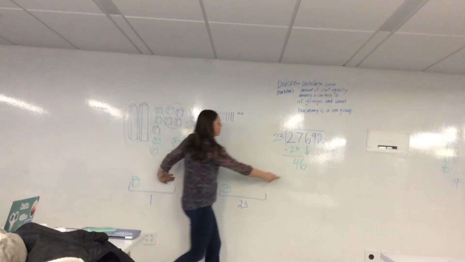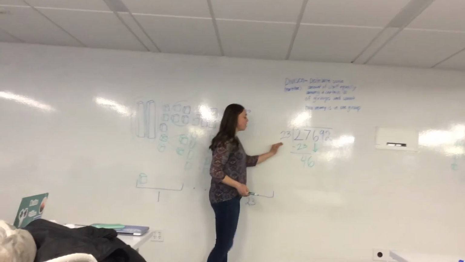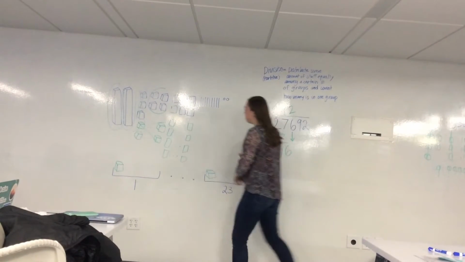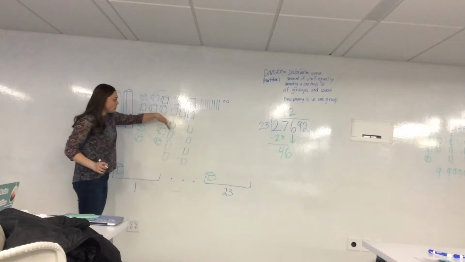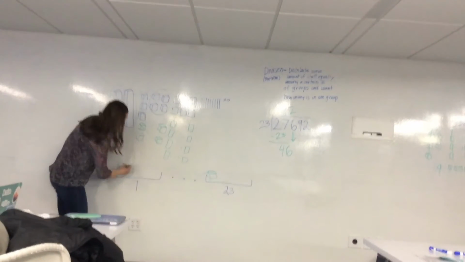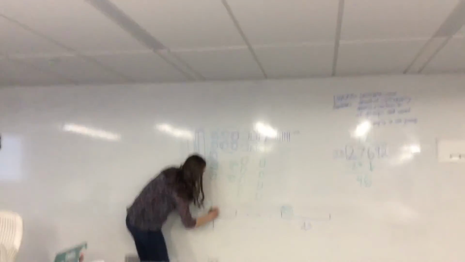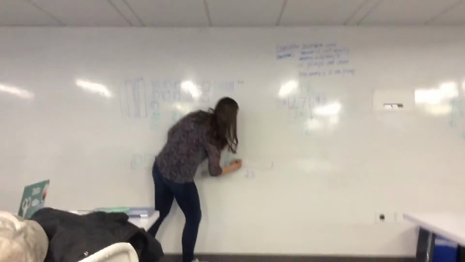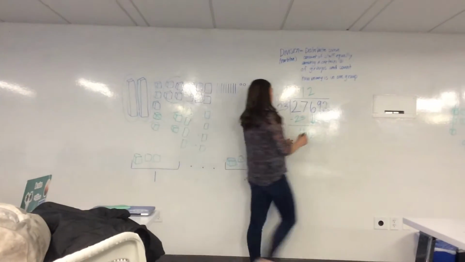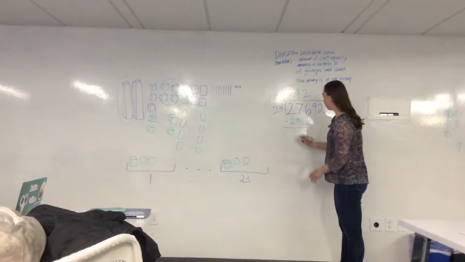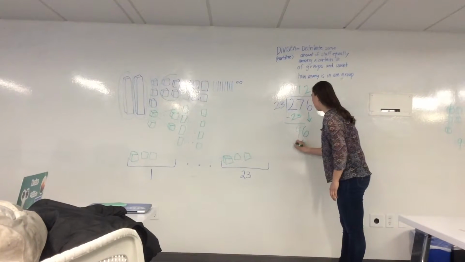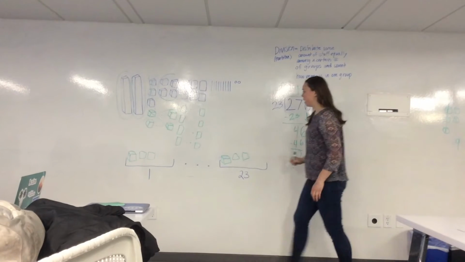Because we have 46, we know that 23 goes into 46 2 times, which is the same as saying that each group is going to get 2 flats. So we'll draw in the 2 flats. And then we do 2 times 23, and we get 46, and that means we have 0 left over.